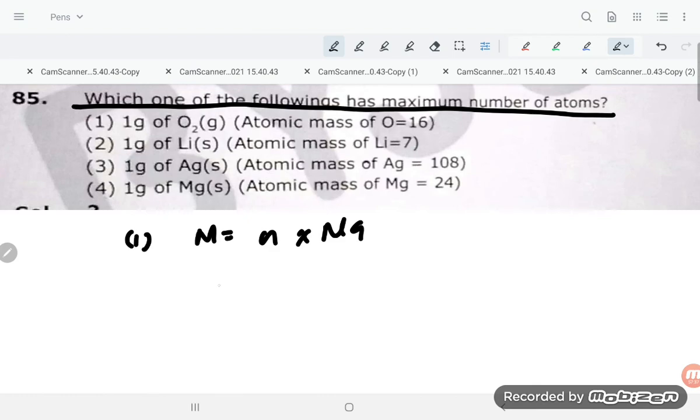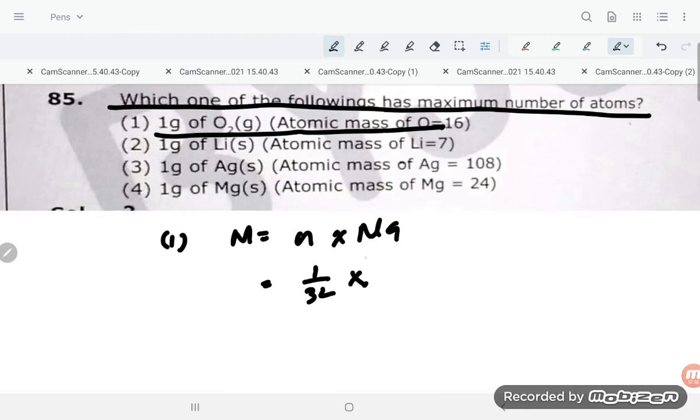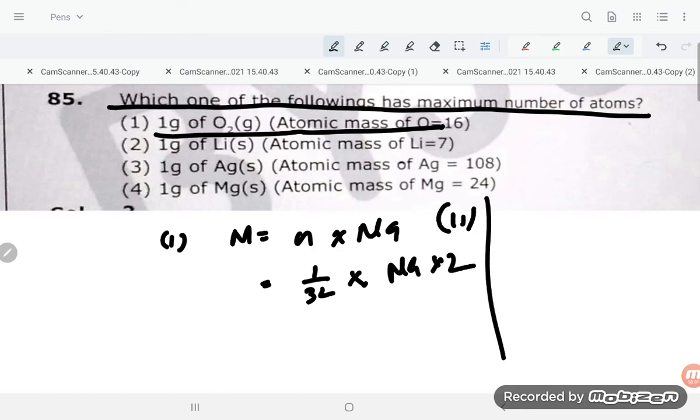So that is 1 gram O2, so 1 upon 32 into Na will come. That is option number 2. Atoms they are asking, so we have to multiply by 2, because atoms they are asking, not molecule.